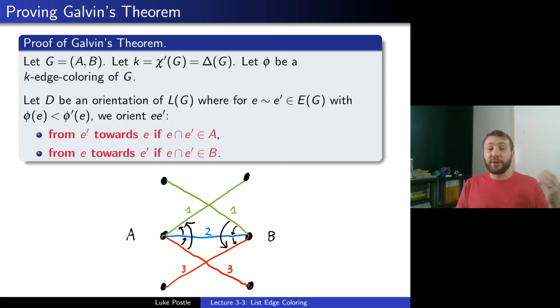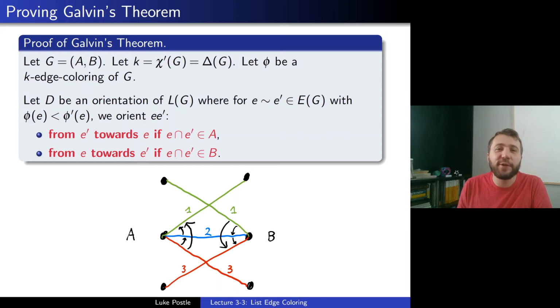On the vertices in A, you're directing towards smaller colors, so the blue-green edge incidence in the middle is directed from blue to green, from 2 to 1. And you have a direction from 3 to 2 and from 3 to 1 in these pairs of edges. And the same on the other side, but reversed. There, the 1 directs to the 2, 2 to 3, and 1 to 3 at that vertex on the right side. So that's our orientation.